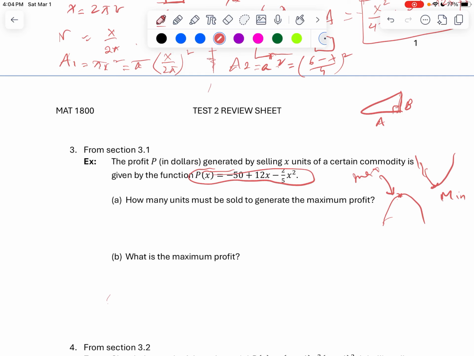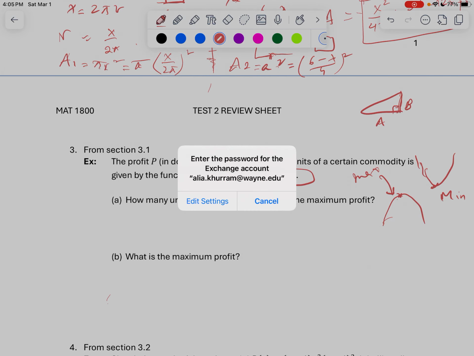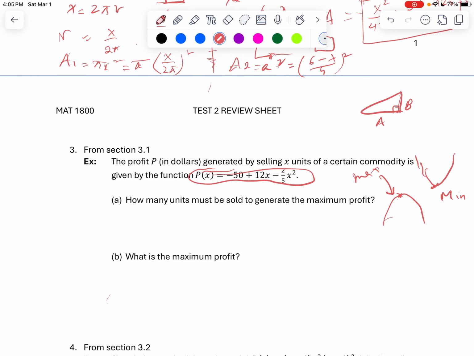You basically need to find the vertex. In both cases, whether we have to find the minimum value or the maximum, we have to find the vertex. Now, in order to find the vertex, as explained in section 3.1, you can do it by completing squares.